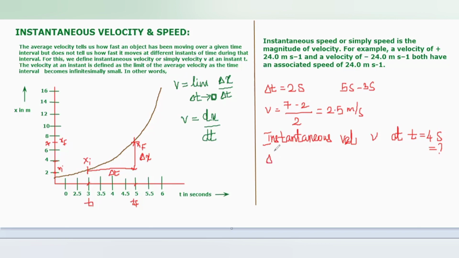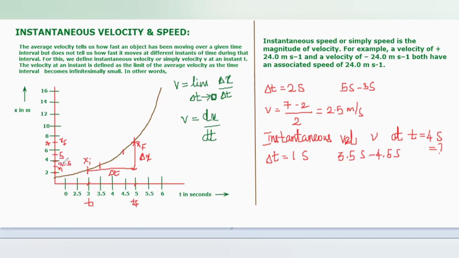That means del t equal to 1 second. That means it will become 3.5 seconds to 4.5 seconds, with respect to the 4 seconds. That means from here to here, 3.5 and 4.5. Then here you can see this motion. The corresponding value here approximately we will get 5, and this one 2.5.